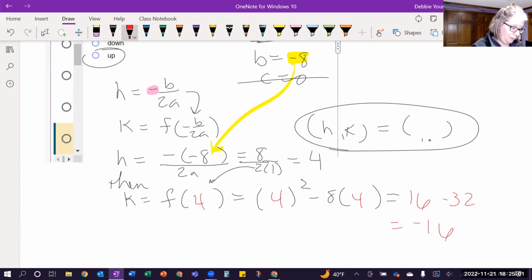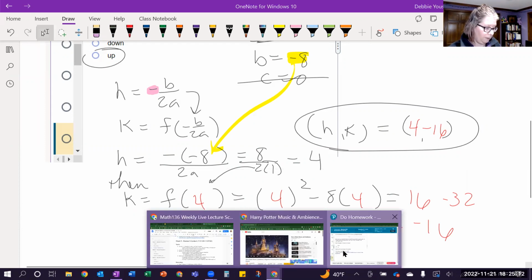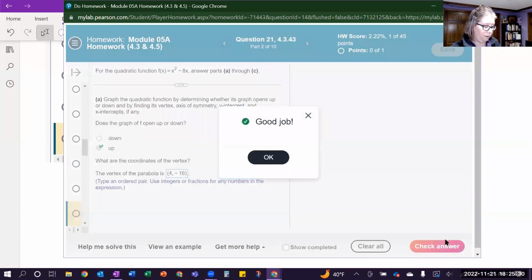We get negative 16. So this is 4, negative 16. I'm going to do a quick check to make sure. Yeah, 4, negative 16. Okay, so now let's try that again. Let's start the whole thing. There we go, 4, and then negative 16, and I'm going to get rid of the blue box. Okay, try that. There we go. We're all good now, thank you.